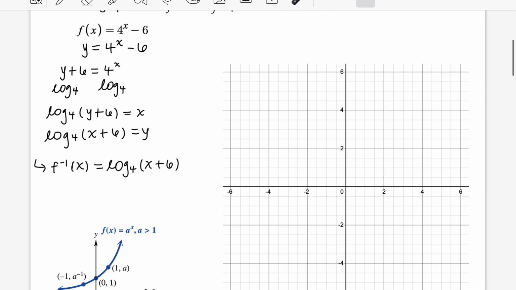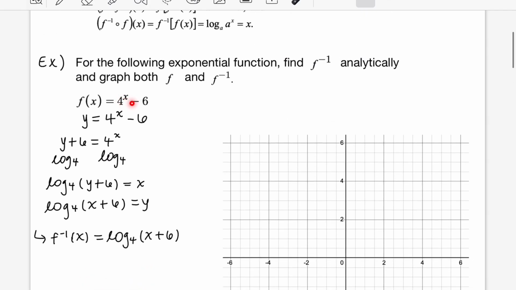If we have an exponential function of this form, this is what the graph looks like. Our domain is all real numbers, and our range is all positive numbers greater than 0. We have a horizontal asymptote here, and the graph passes through these 3 points. So we'll use this information to graph the parent function of this guy, and then use our graph translations in order to graph this guy.